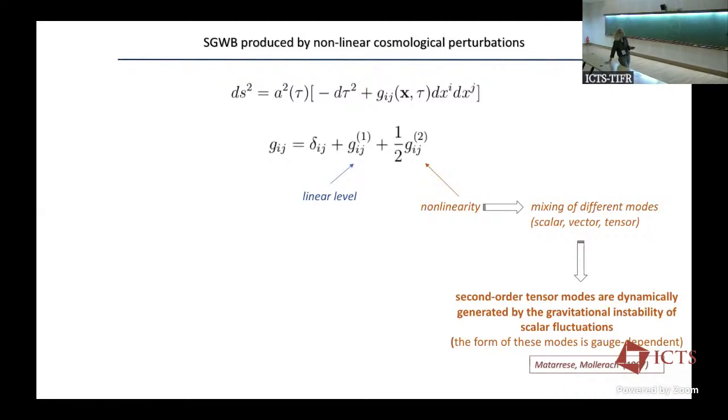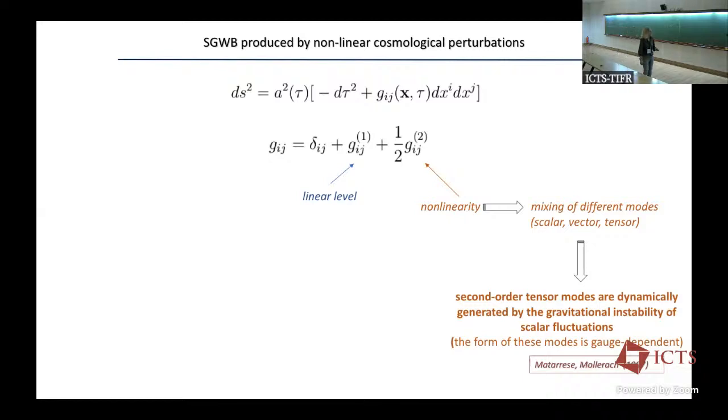So now the idea is, let me just give you the definitions. Let me write down my metric, which I split into a linear level and some nonlinearities. These nonlinearities are the mixing of the three modes, and they are going to lead to the second order tensor modes.